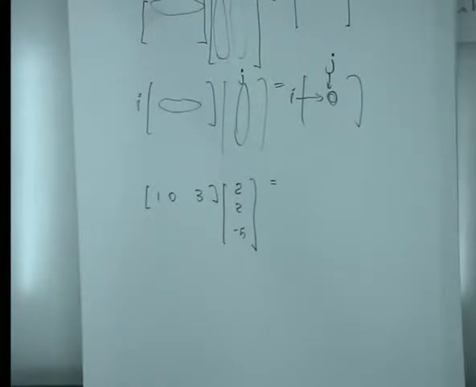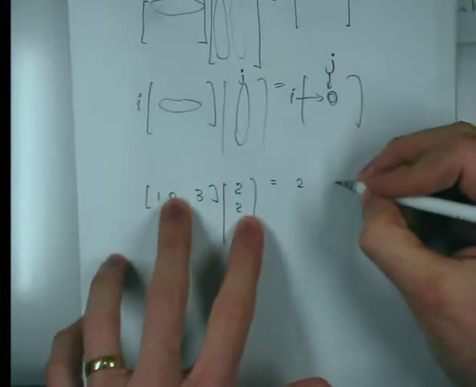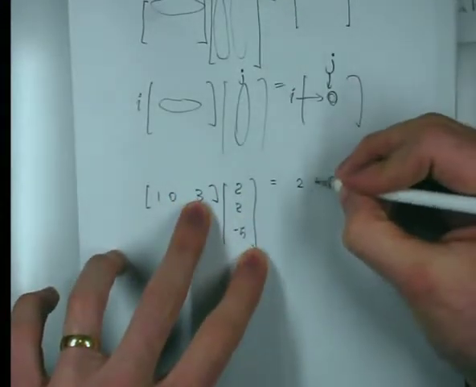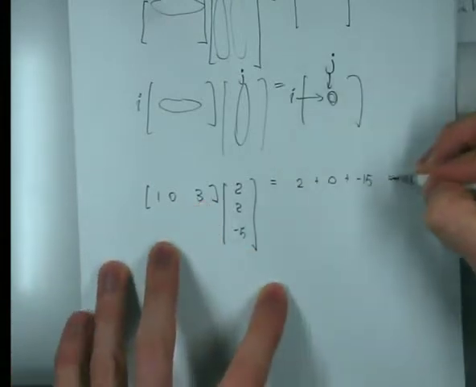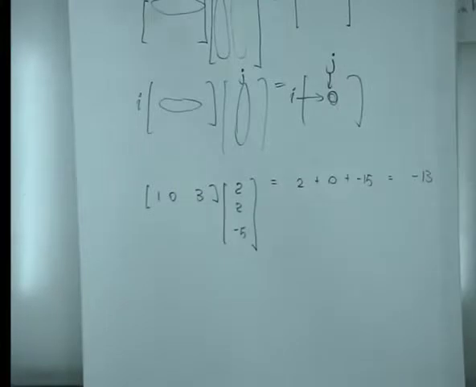You do not have to show all the working for this, because that's the basics, and you do all sorts of other stuff later, but if it helps, you can do that. So we'll have 1 times 2 is 2, 0 times 2 is 0, 3 times minus 5 is minus 15, and then we add all those answers together, and we get the number minus 13. And that's what would go in whatever position of the matrix I was interested in.